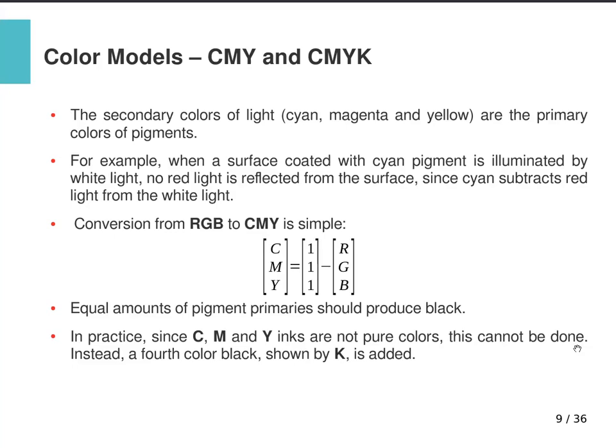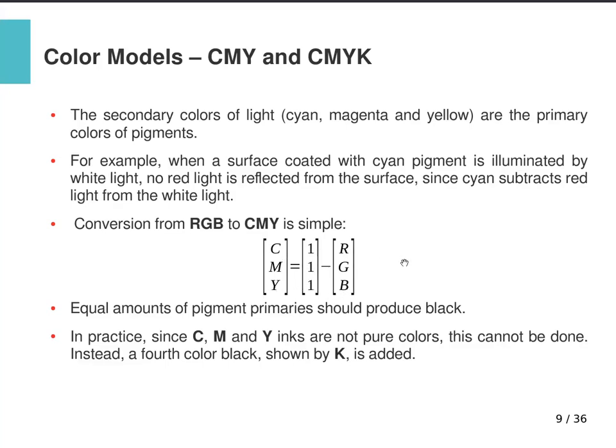For example, when a surface coated with cyan pigment is illuminated by white light, no red light is reflected from the surface, since cyan subtracts red light from the white light. To go from RGB to CMY, you need to do this simple calculation: cyan is 1 minus red, magenta is 1 minus green, and yellow is 1 minus blue.